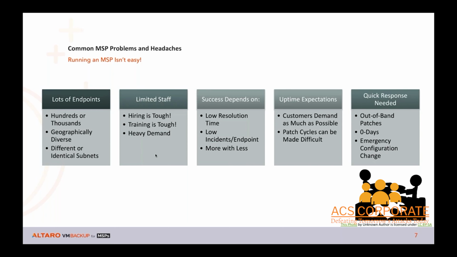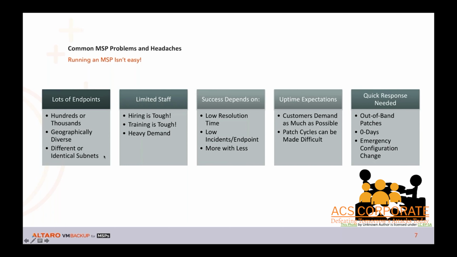And then if you think about that, not only from a geographical perspective, but also from a technical, from a networking perspective, you've got different or maybe even identical subnets across all of those customers. I mean, how many of your customers do you walk in to their network and they've got a 192.168 network scheme? I mean, it's very, very common. So coming up with solutions to deploy and script actions across all of those can be quite difficult.